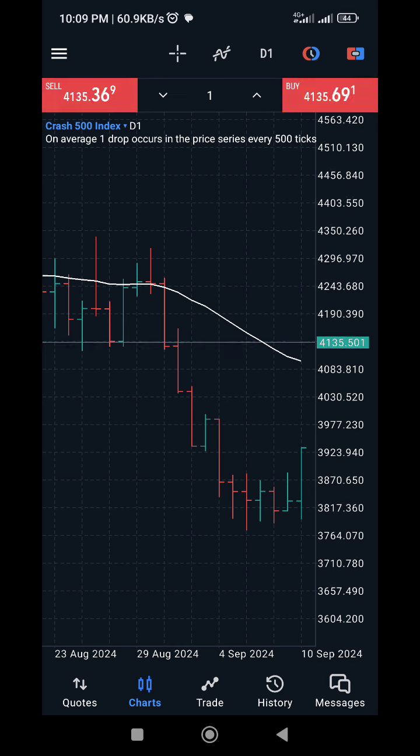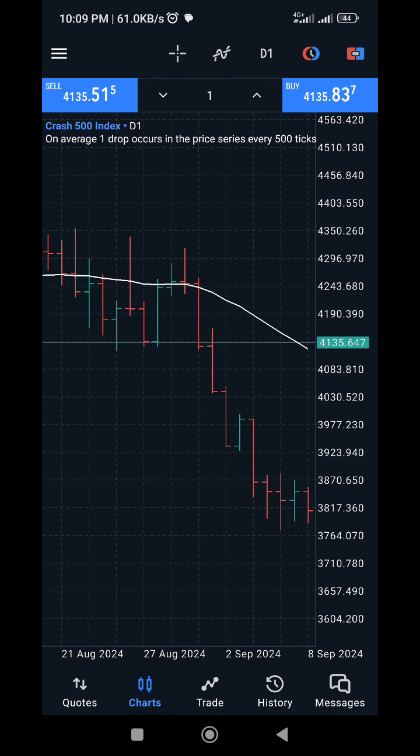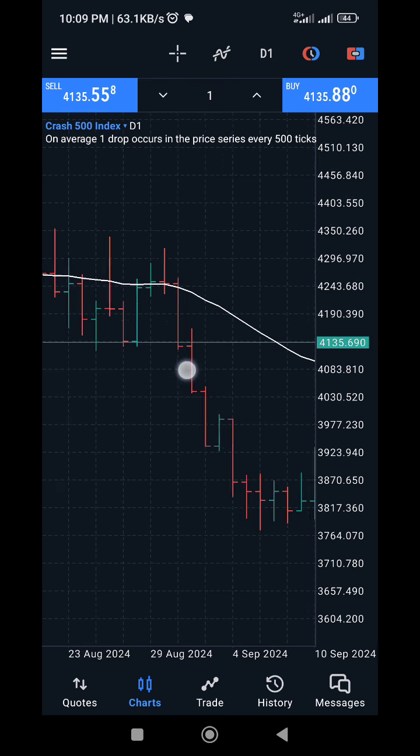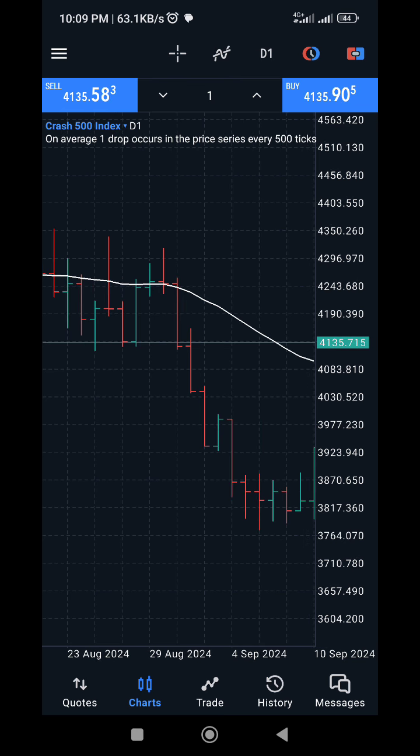The barrier can be porous and the barrier can be blocked. If the barrier is blocked, that means price will go the other way around. But if it is porous, price will go through it. So how do I know that this is about to go down on a sell? Now watch this. I'm not using any other indicators, just the chart with the moving average.